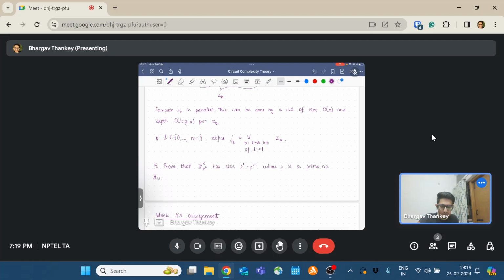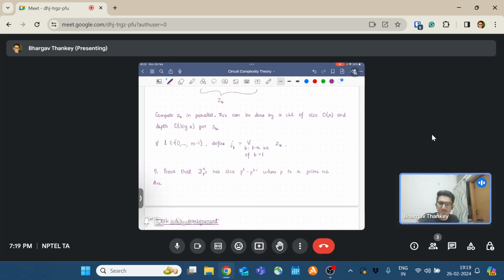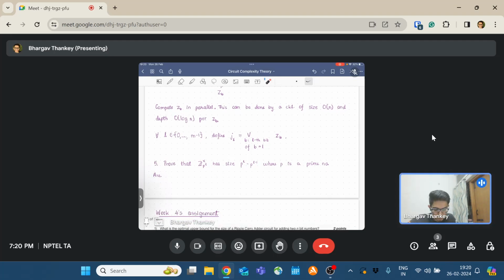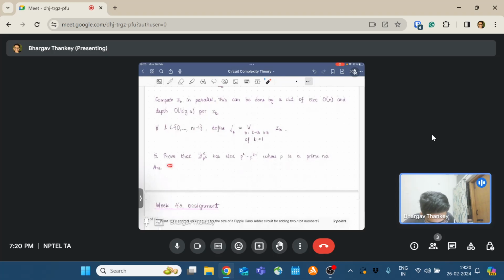So what is the group Z cross P to the L? Can you tell me the definition of this group? I think this is a group of integers of size P to the power L with the operation multiplication. Right, you need one more thing.